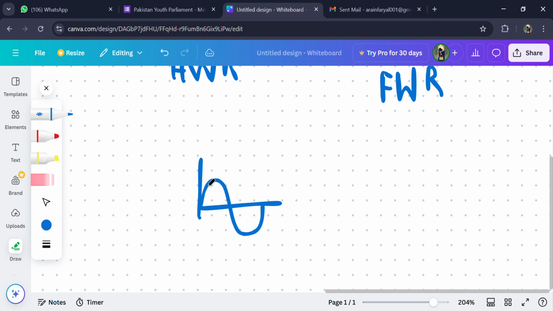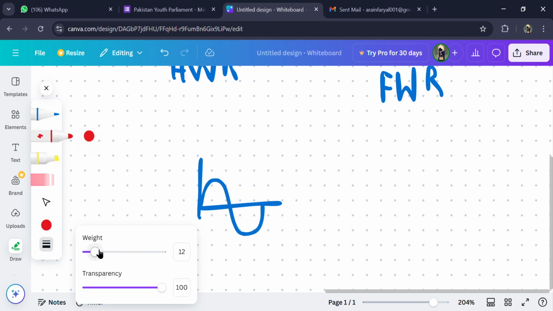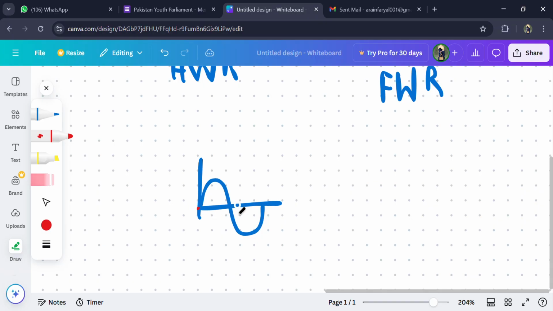The polarity of the AC current varies from each node. This part from this point to this point is known as a node, and from this point to this point will be the second node. So current that changes its polarity from positive to negative after each node is AC current.